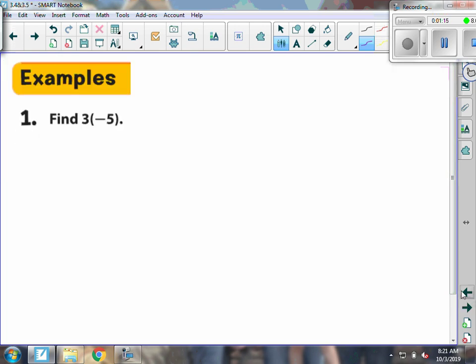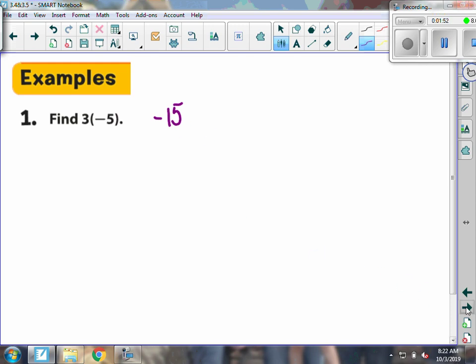So copy this down. Find 3 times negative 5. 3 times 5 is 15, so 3 times negative 5 is going to be negative 15.